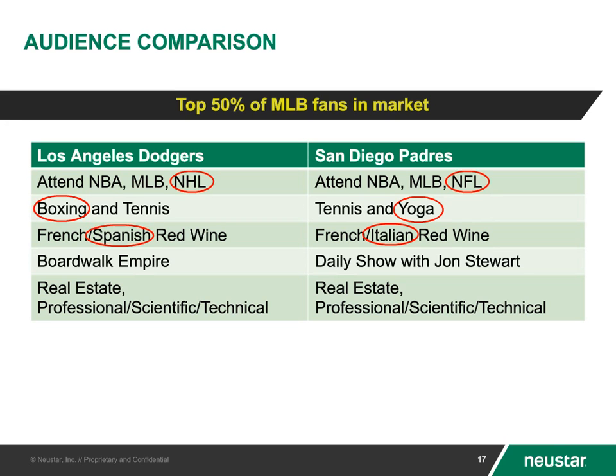But at any rate, at least the analytics right now show that there is a fan base for NFL football in San Diego, more so than up in the LA market. Other activities: San Diego, more yoga, so we're a little more laid back. Up in LA, they're a little more in your face with the boxing. And then wines: Spanish reds in LA and Italian reds in San Diego.